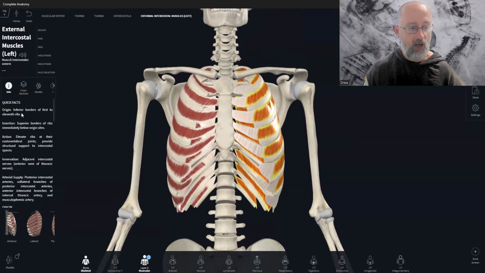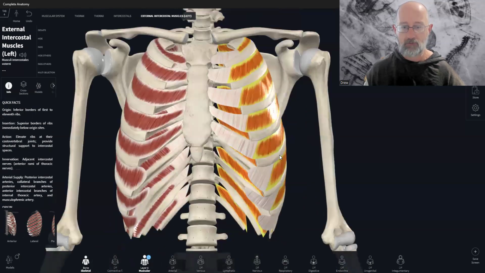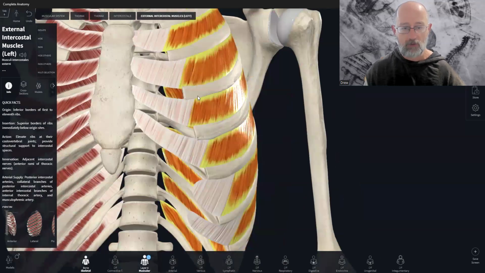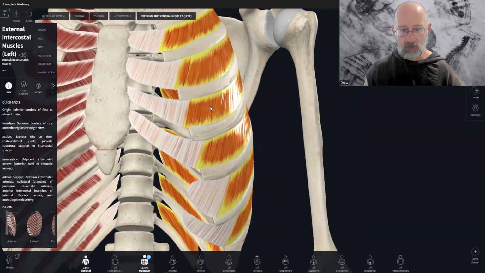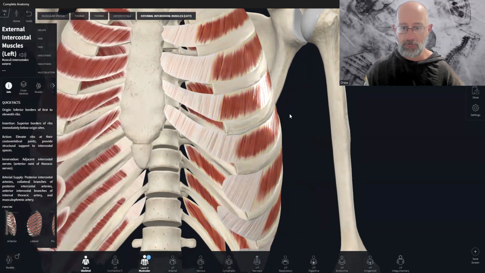Then we go down to the insertion: superior border of the ribs immediately below the origin site. So the origin is the superior border, and then it goes down to the next rib below. So essentially it's going from one rib above to the rib below.